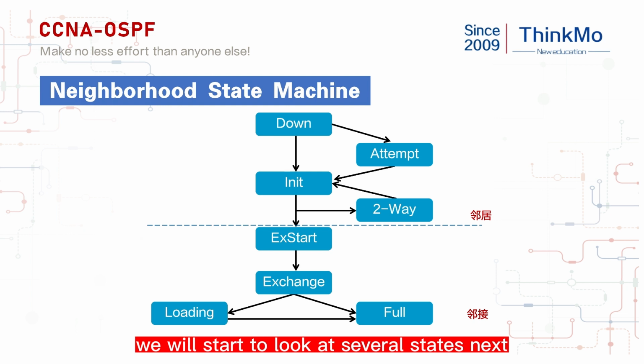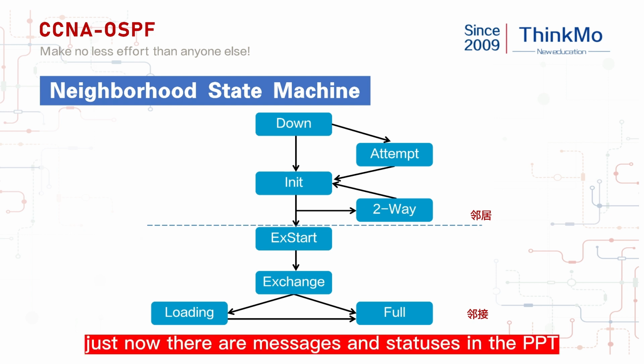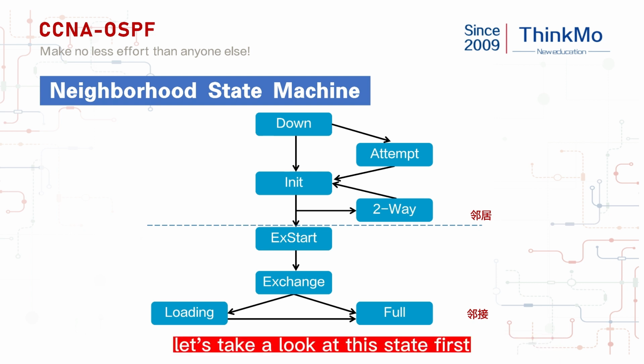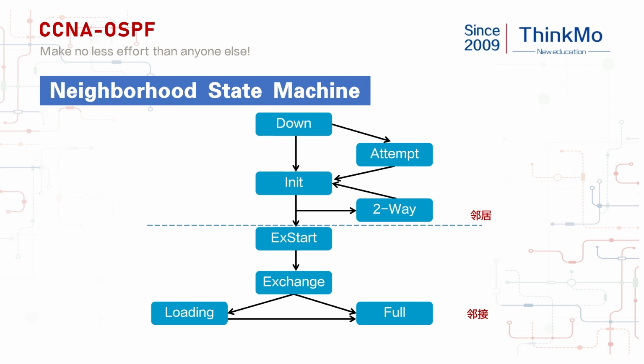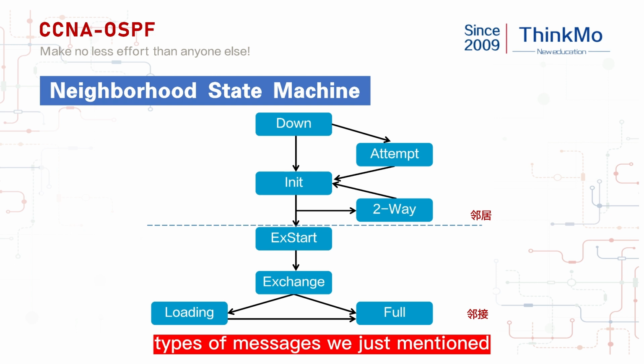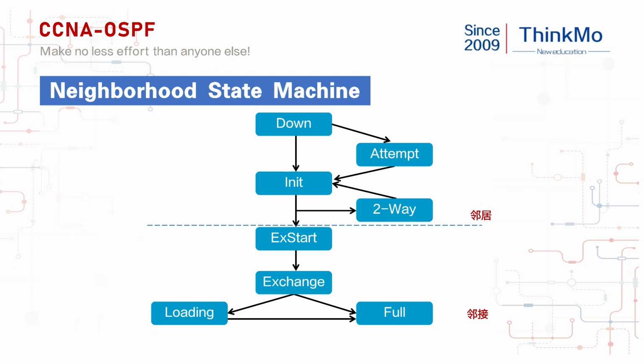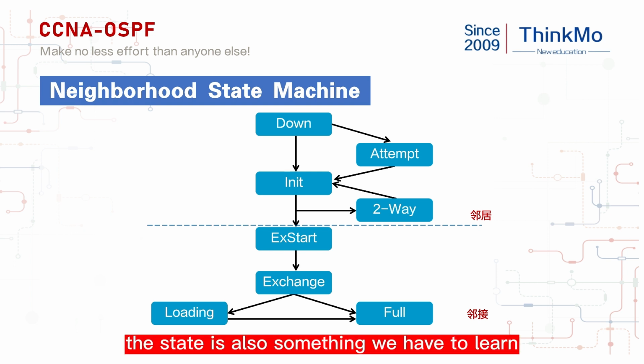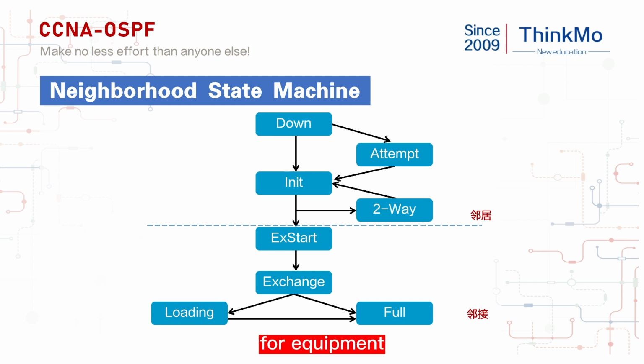We will start to look at several states next. Just now there were messages and states in the PPT. Let's take a look at the states first. In addition to the 5 types of messages we just mentioned, the states are also something we have to learn. For devices, there are 8 states.